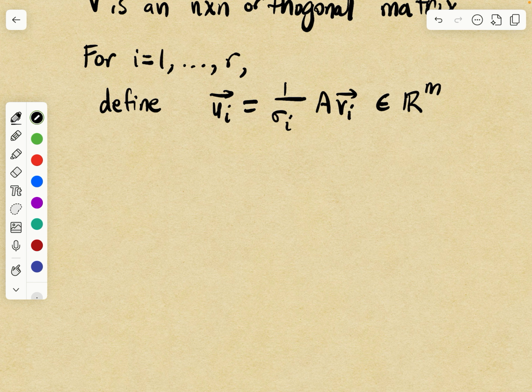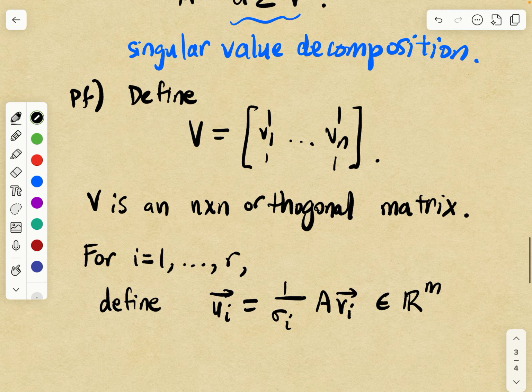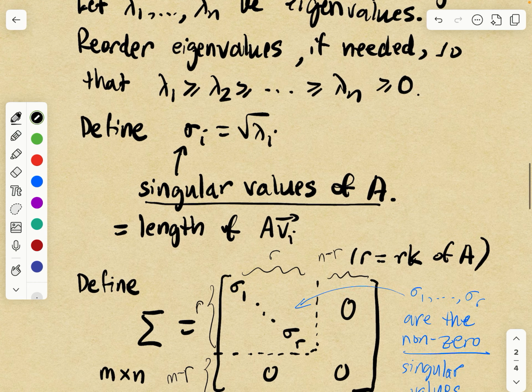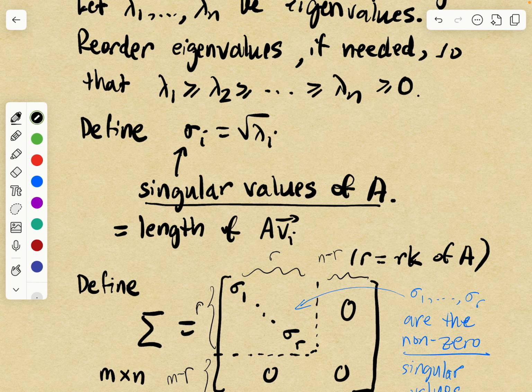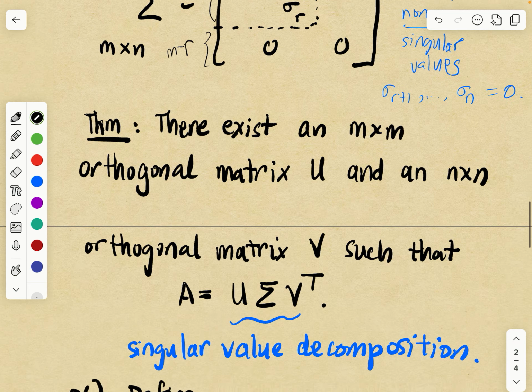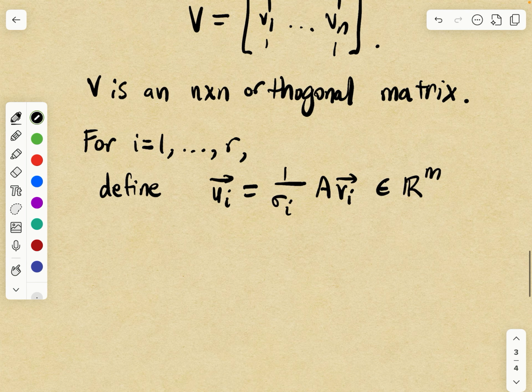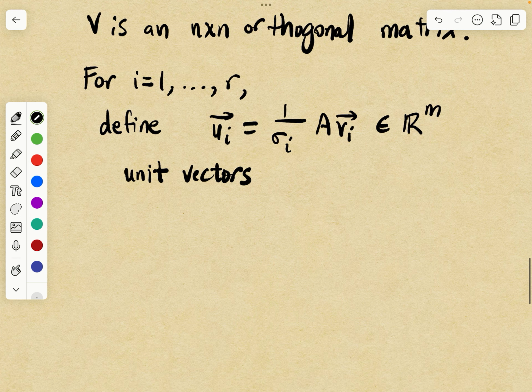These sigma i's are the singular values. We showed above that they're the lengths of the A times Vi's. So what we're really doing is taking A times Vi and normalizing it by dividing by the length. So this is a unit vector. These Ui's are unit vectors in Rm. I have r of them.